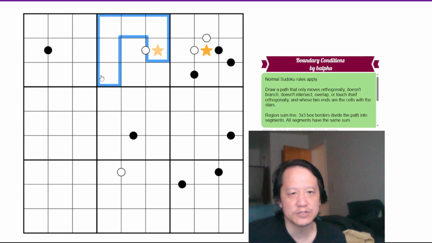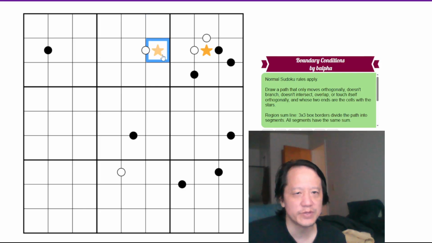So that means it could touch itself diagonally, but it cannot do something like this and then move off, right?